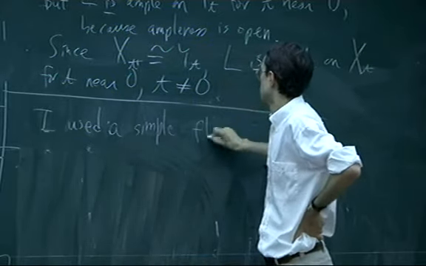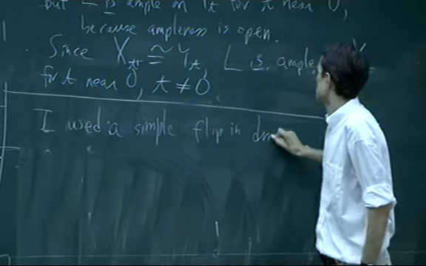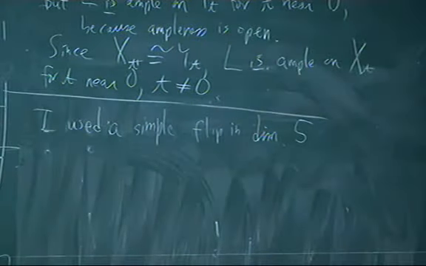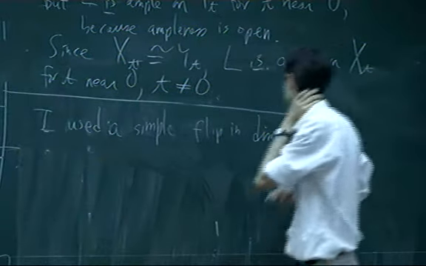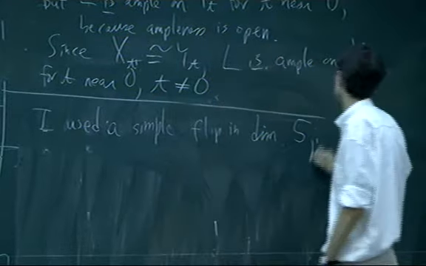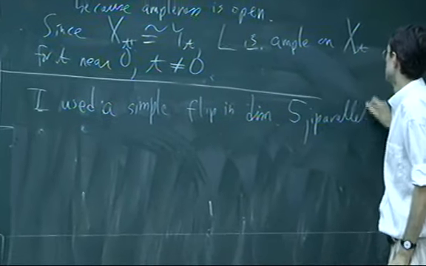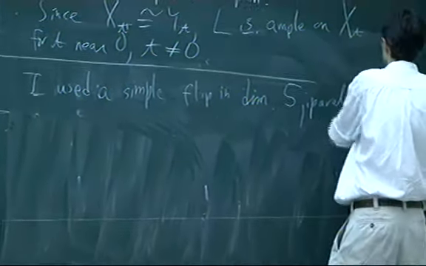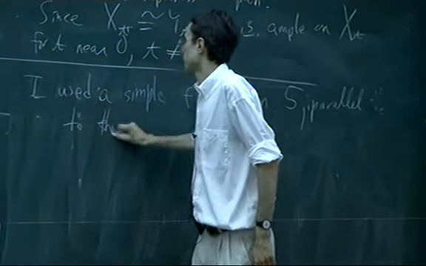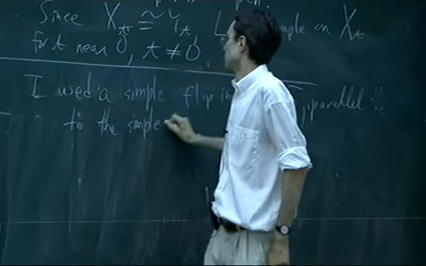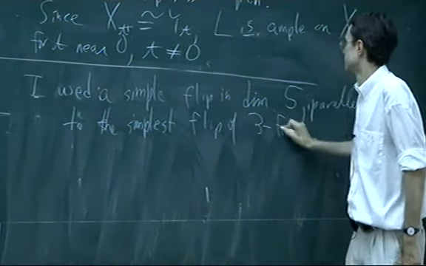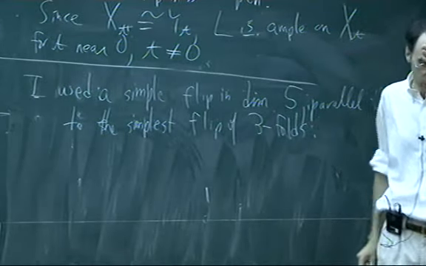A simple flip, going from X to Y, is a flip of a 5-fold, and it's very parallel to the simplest example of a flip which you read in every book on minimal model theory, the simplest flip of 3-folds. So how do I want to say this?